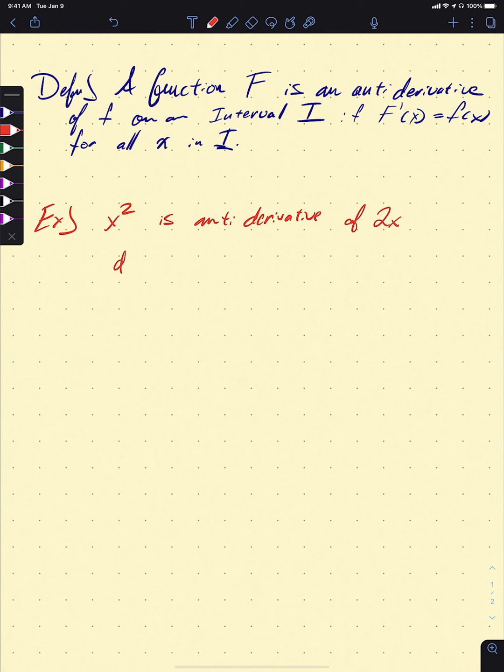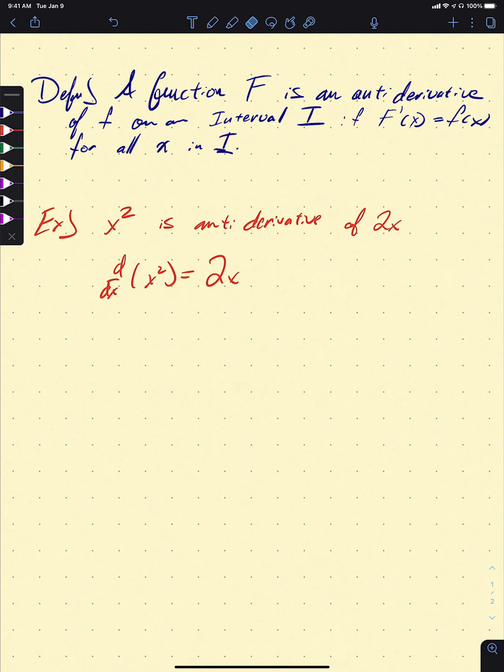Why? Well, d dx of x squared is 2x. Clearly, if I give you a function, you can take its derivative and say, since the derivative of x squared is 2x, x squared is the antiderivative of 2x.